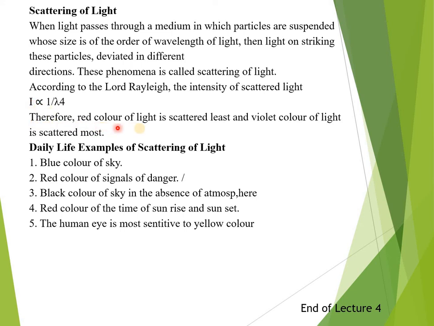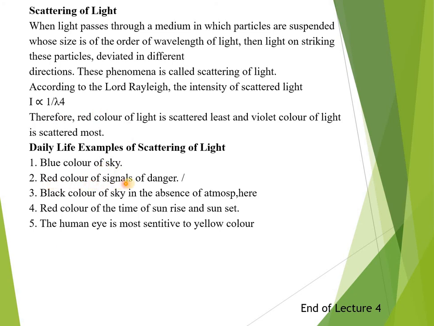Therefore, we can say that red light is scattered least and violet light is scattered most. I hope you got the answer to why the color of the sky is blue. So here are some daily life examples of scattering of light. Blue color of the sky: the sky is blue because there is a dominance of the blue color, because the violet or blue band has maximum scattering.